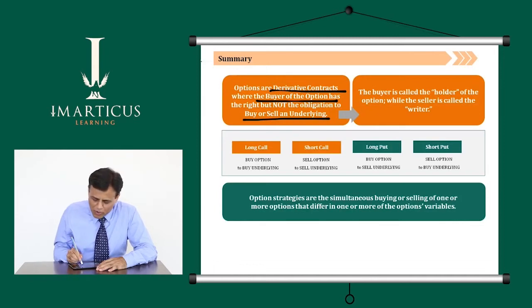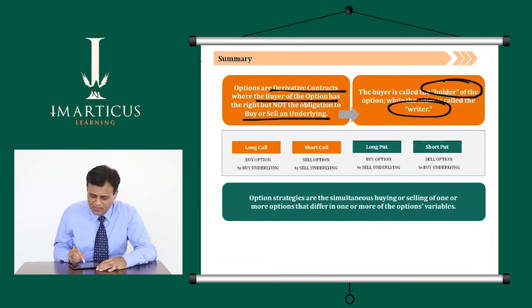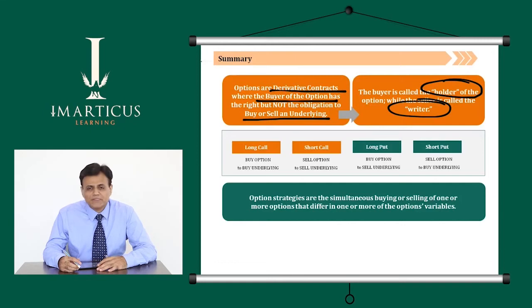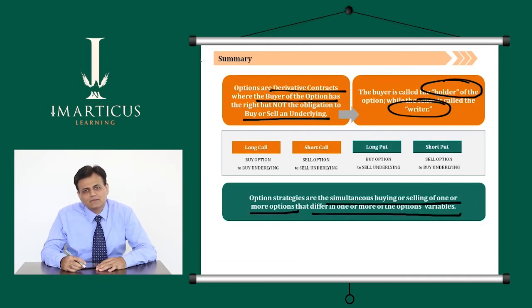The buyer of the option is called the option holder, whereas the seller of the option is called the option writer. Option strategies are simultaneous buying or selling of one or more options that differ in one or more option variables. Thank you.